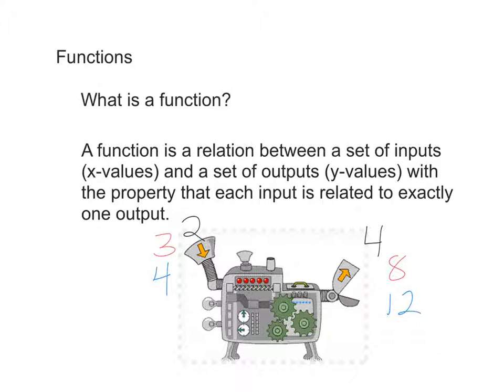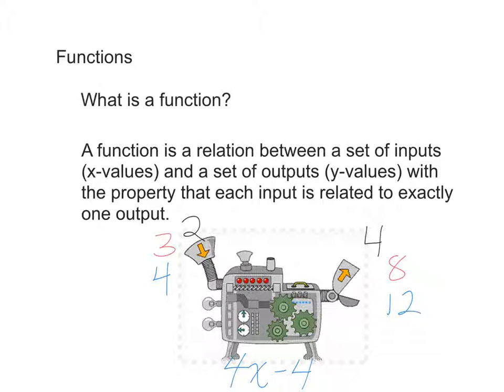This particular function machine is taking an input, multiplying it by 4, and then subtracting 4, and the output is the result when you do that. We could think of this as 4x minus 4, right?